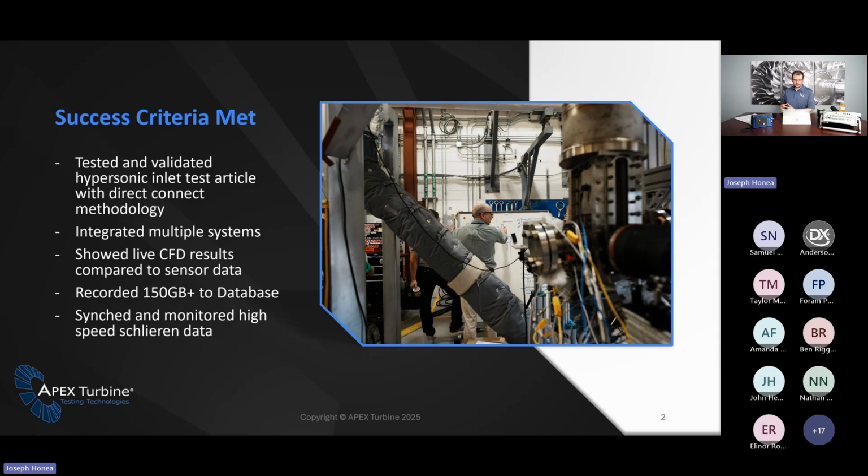We also had a high-speed camera being used during the test to view the flow using a Schlieren methodology. So we're able to view that in live time, but also we're able to take the recorded video files and time synchronize with those as well.